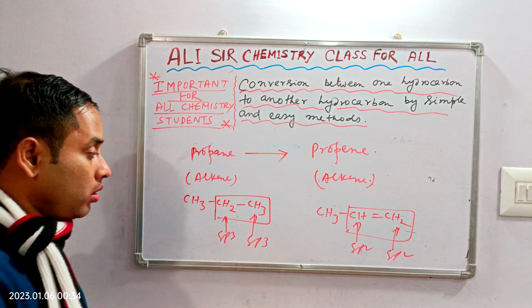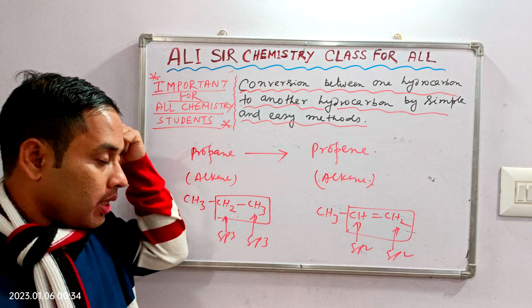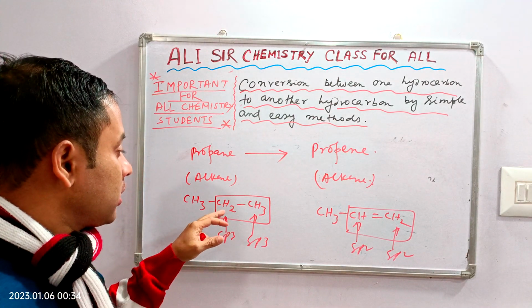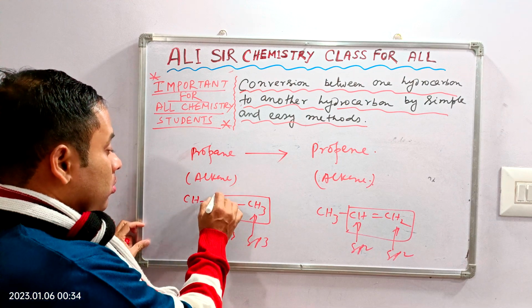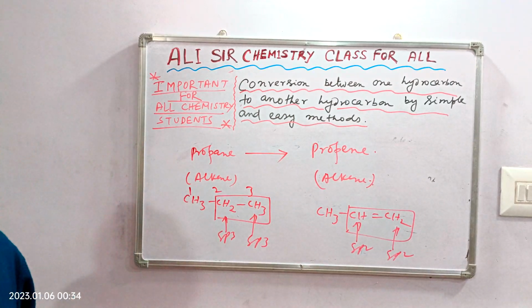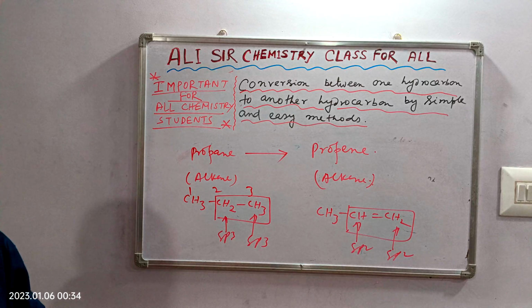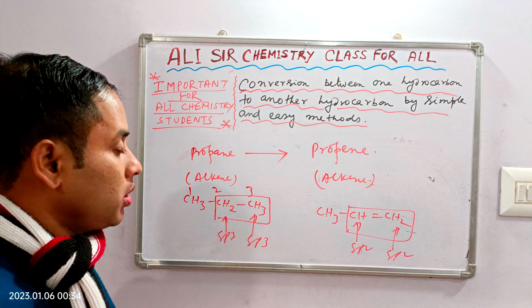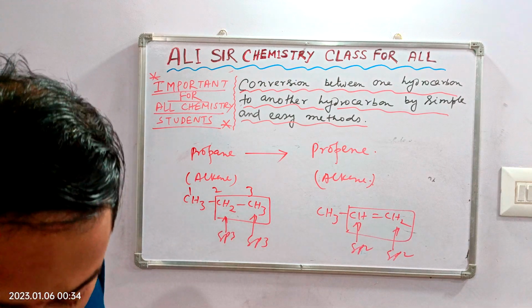So anyhow, we have to introduce a halogen in carbon number 2 or 3. If you introduce halogen in carbon number 2 or 3, then the process becomes easy. We just have to do an elimination reaction after that.